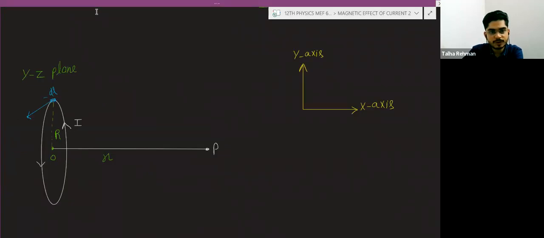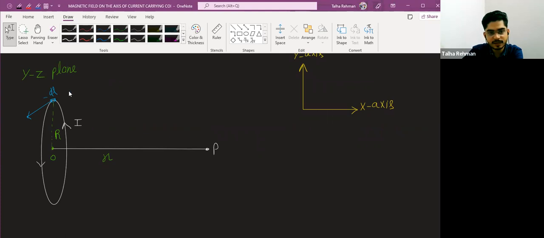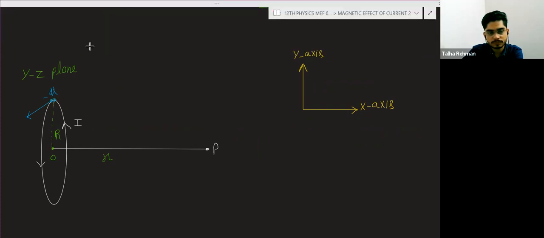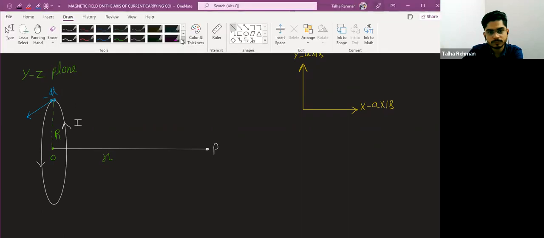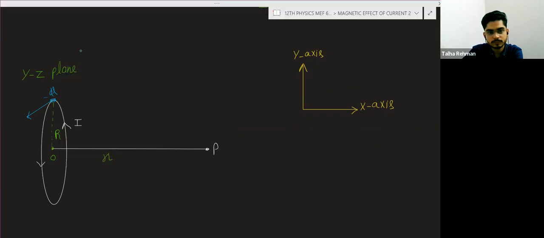So now what I will do, I will join this dl, this point, and this point P. So I am joining this with this P, and this distance is r.